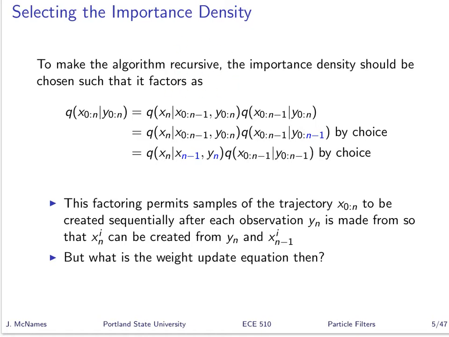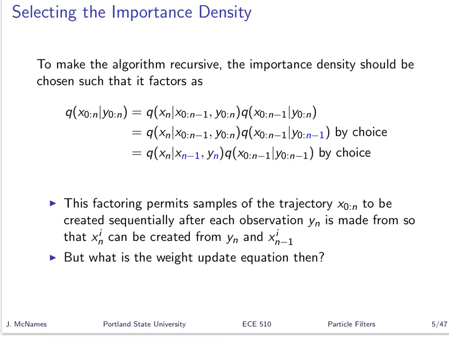So that when you've got your particle, you can advance it one step forward without having to worry about your entire past. So the rationale really for all these design decisions is the same. It enables us to represent the importance density in such a way that we can do it recursively. And there's bad consequences of these decisions that are also overlooked.